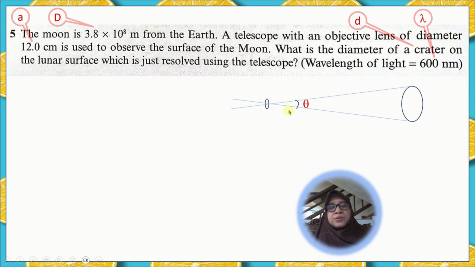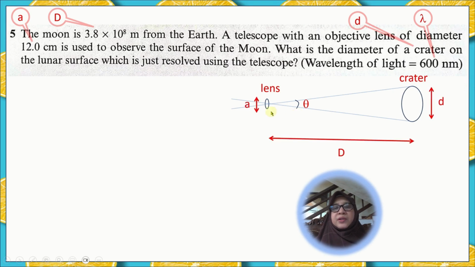How to visualize the given situation? I help you with this drawing. Let's say this is the crater on the lunar surface of the moon, and this is the lens. The theta here is the resolving power of the telescope.